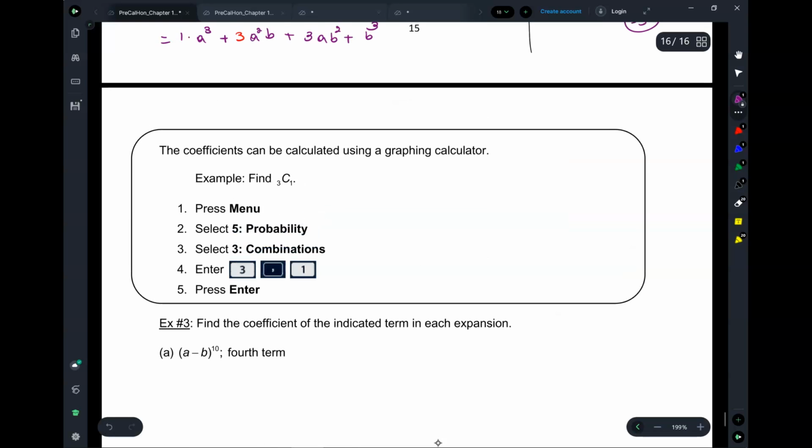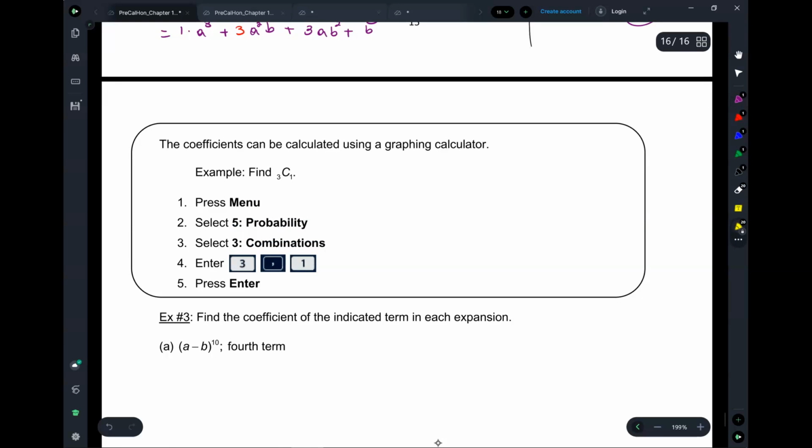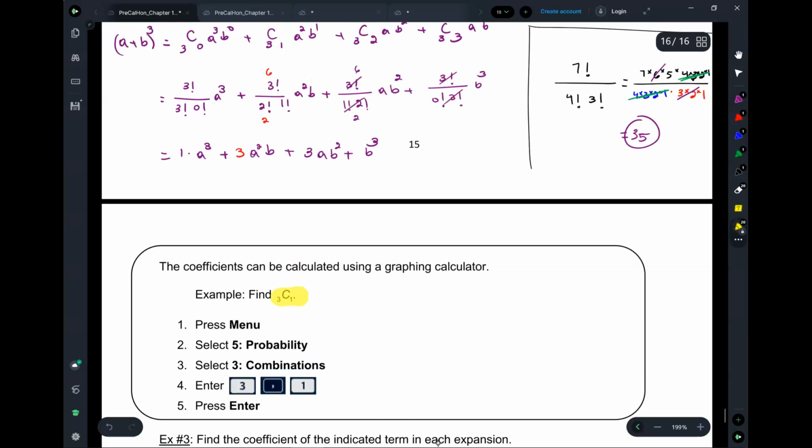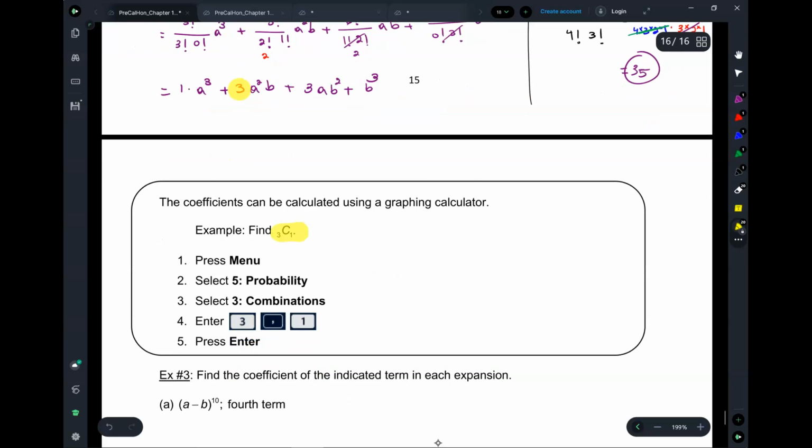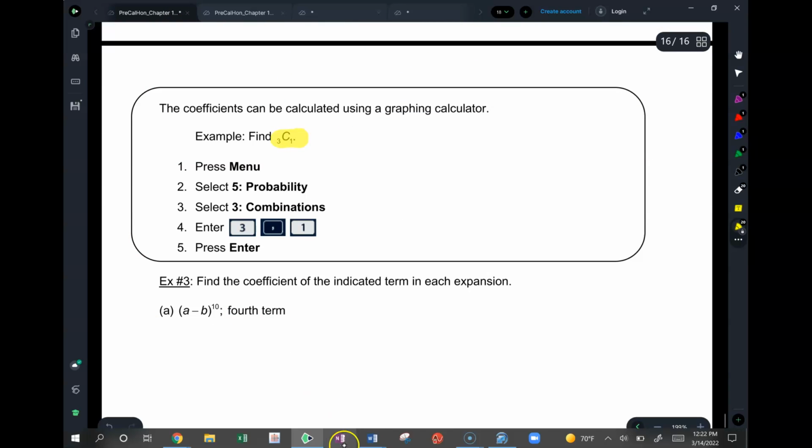Take a look at this term, 3C1. It's the one for which we got a 3. Here's what you do.